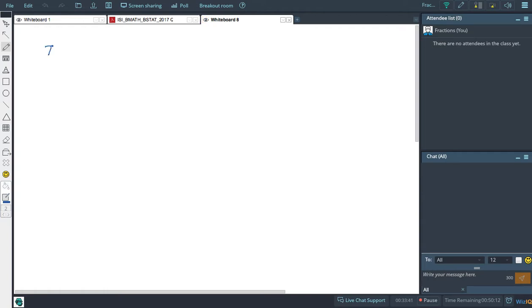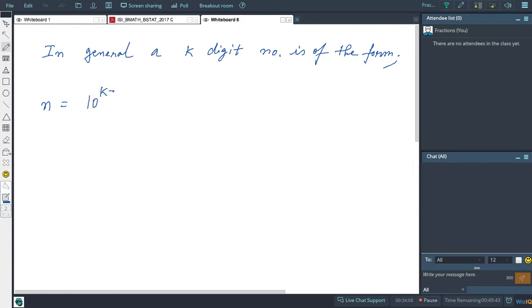So in general, a k digit number is of the form, where n is a k digit number, n is equal to 10 to the power k minus 1 times a k minus 1 plus dot dot dot plus 10 to the power 1 times a1 plus a naught.